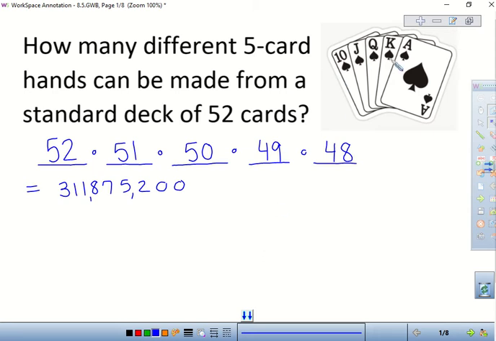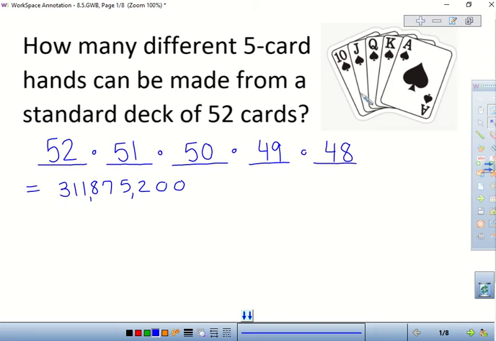So, if this is my hand, let's pretend this is my hand, King, Queen, Jack, 10, Ace, okay? Does it matter which direction I'm holding this hand in if I switch around the order of the cards? Do I still have the same hand of cards? Yes. So the problem with this number is we counted it as if we're counting each individual order as well. Do you already see what I'm saying?